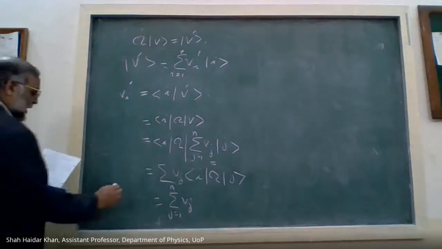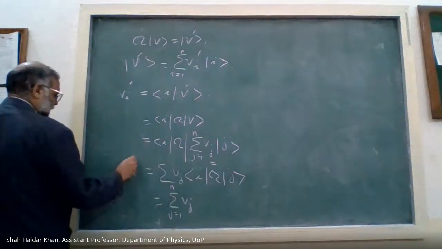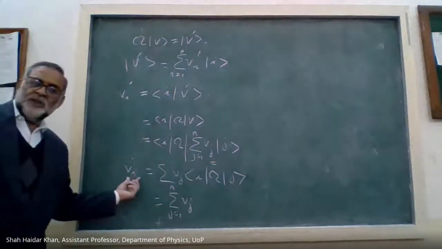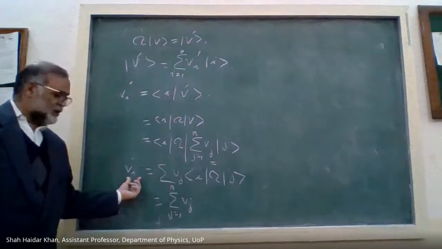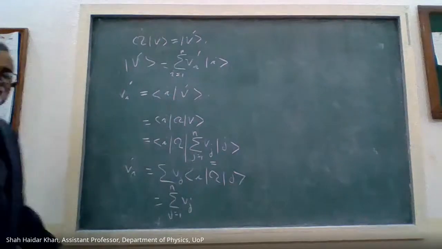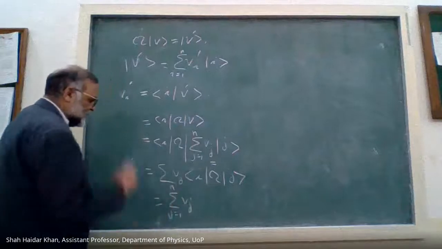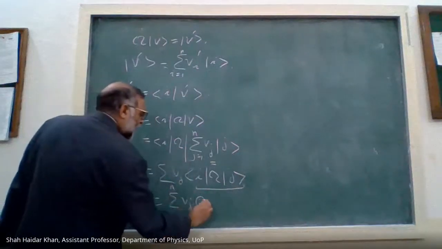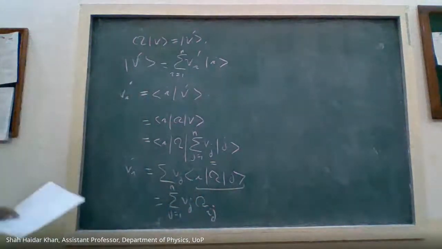This is Vi prime, the component of the vector after rotation along the new basis, right? So Vj, which is a scalar quantity, we call it omega ij. This is what we did, right?